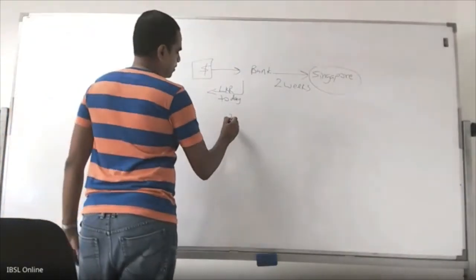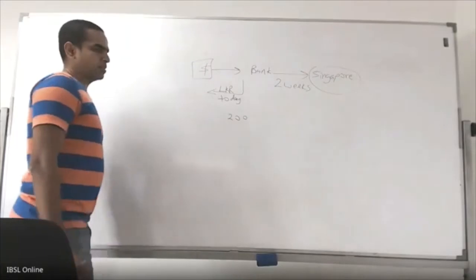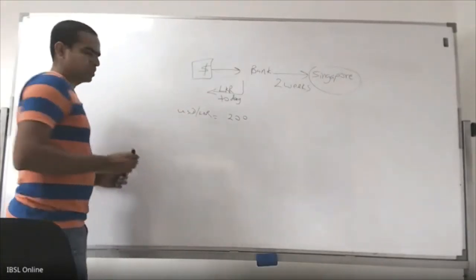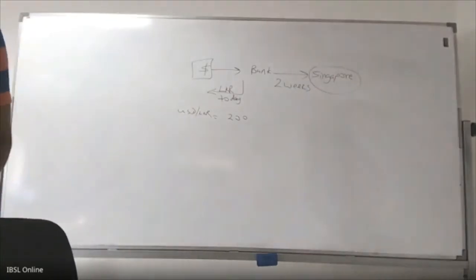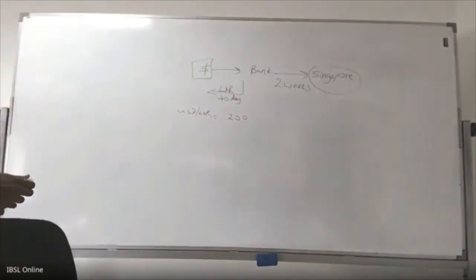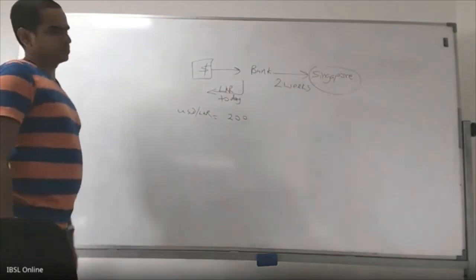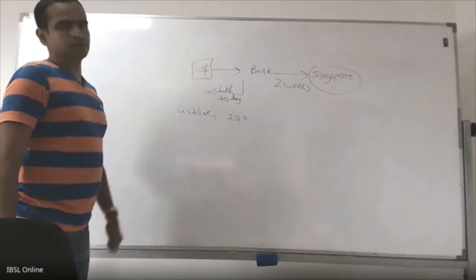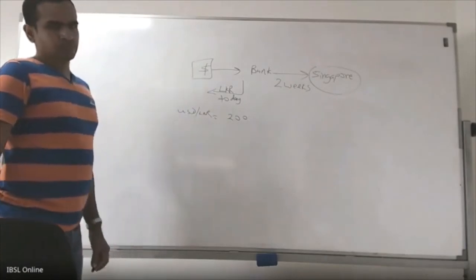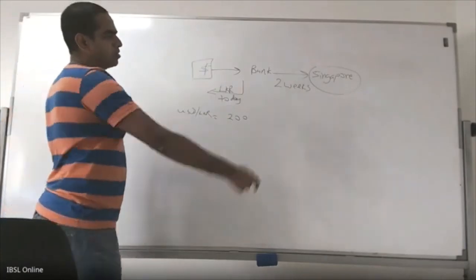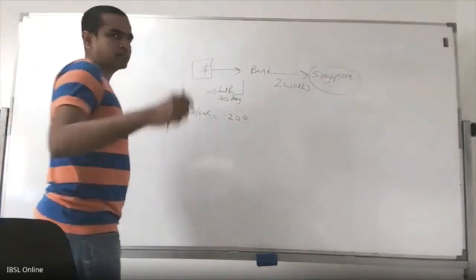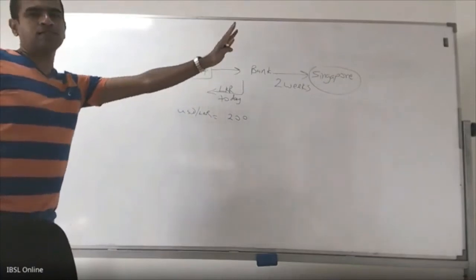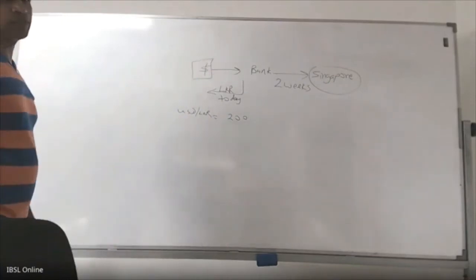So if the bank is giving, let's say, 200 rupees today itself, let's say the exchange rate, dollar against rupee, is 200 today, the bank is buying currency notes at 200. The bank is giving 200 rupees to the customer today itself. But the bank is getting money only in 2 weeks. So there is actually an interest cost for the bank, right? Because they are paying money today and they are out of cash for 2 weeks. So there is an interest charge which needs to be added.